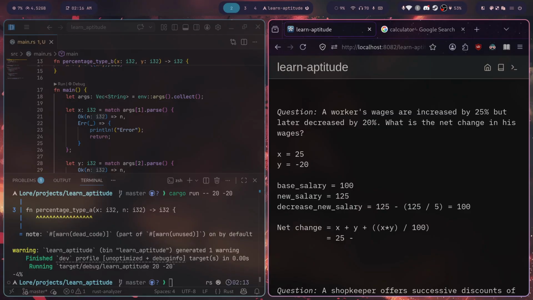My y value is minus 20. 25 into 20, and since it is negative, ultimately it will also come out to be negative.